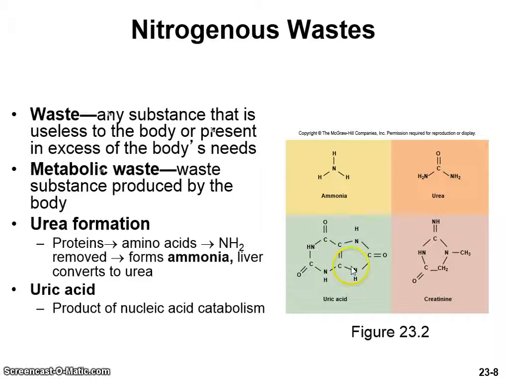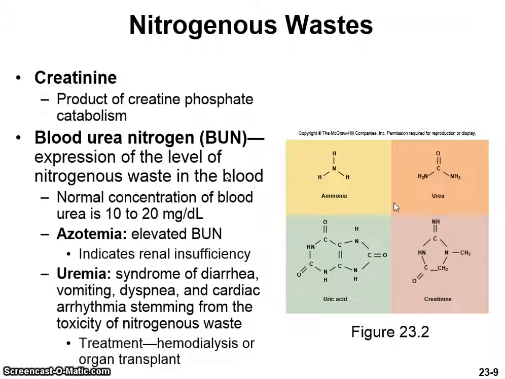Purines are from the nucleic acids, not guanine. And then we have creatinine from the breakdown of creatine phosphate. So these four are the nitrogenous wastes that are really harmful to the body.